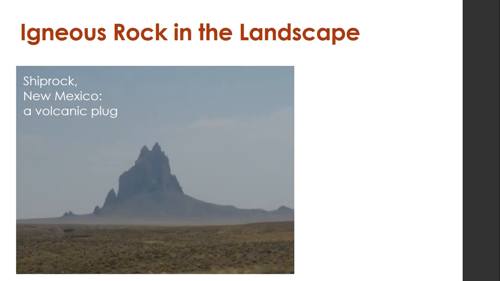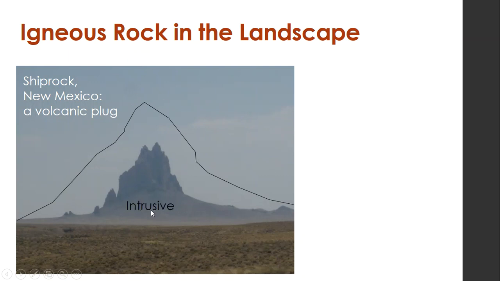So here is another landform from my vacation. This is Shiprock in New Mexico. This is a plug of a former volcano. So what you're looking at here is that magma chamber that then cooled. The original volcano, this is a guess, was something like this.